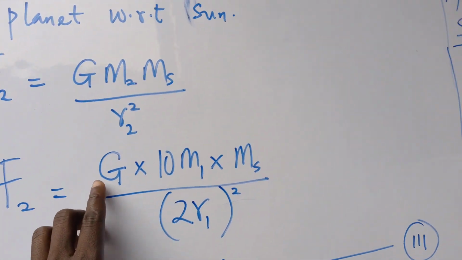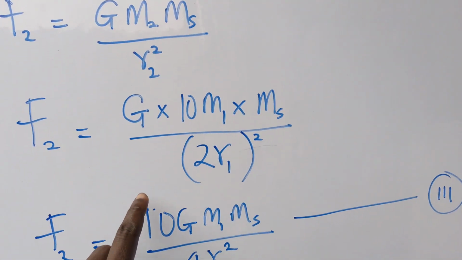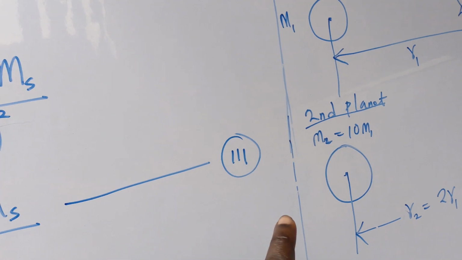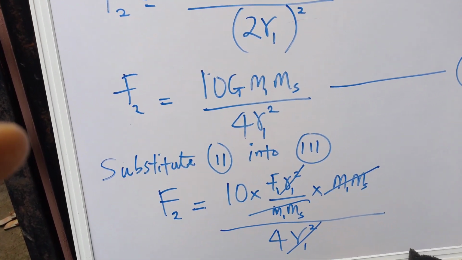So my F2 equals 10 G m1 ms over 4 r1 squared. I call this equation 3. Then I substitute equation 2 into equation 3.